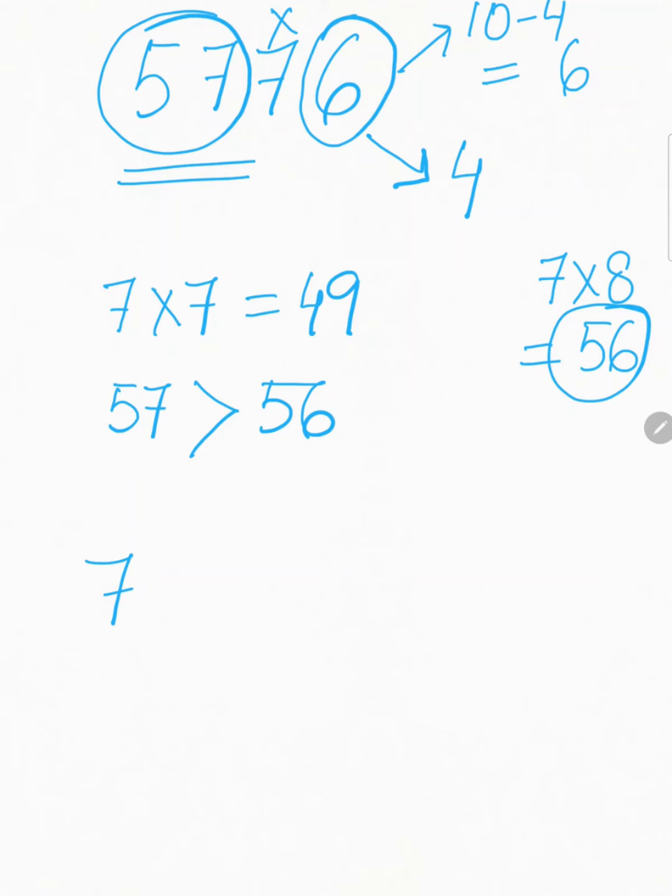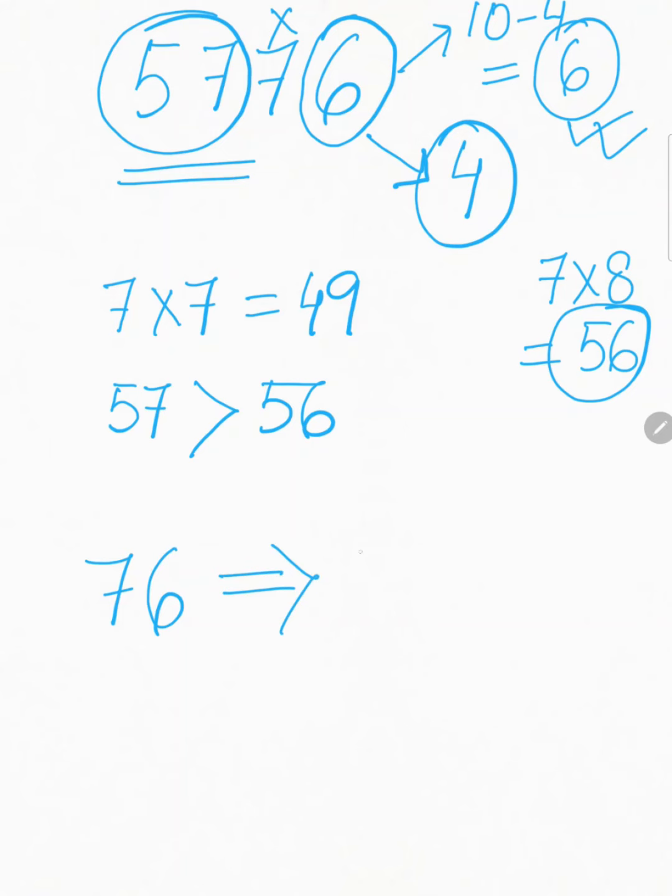So as 57 is greater than 56, out of these two digits we will be selecting the greater digit, which will be placed after 7, and thus we can say that 76 is the required square root.